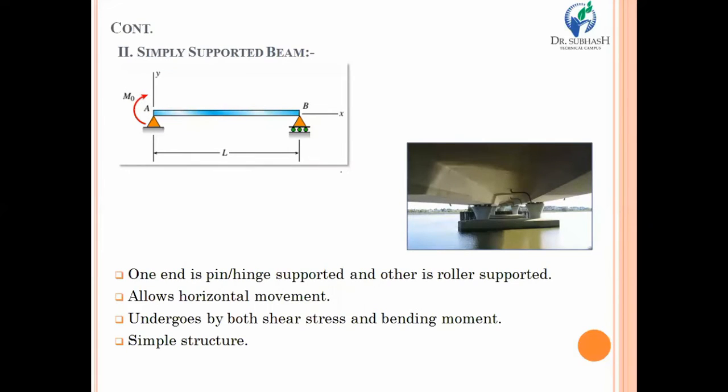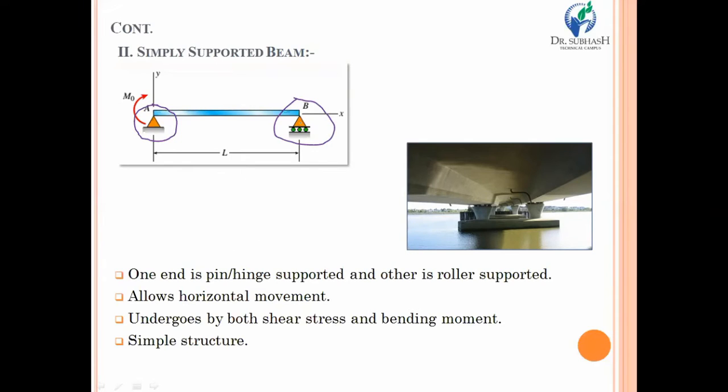One can easily identify and explain the simply supported beam by looking at the figure. Look at the top left hand side diagram. It generally has two supports mounted on both of the ends, and both of the supports are roller supports.